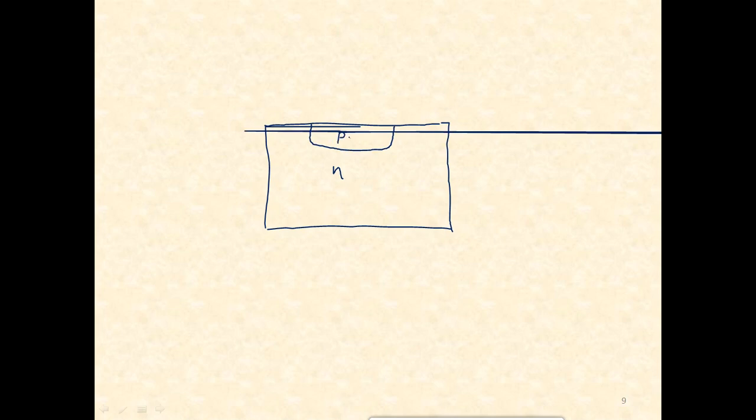The first step is to take an N type material, so let this be of N type. Then let us introduce a region which is of P type. Let me call it P type.